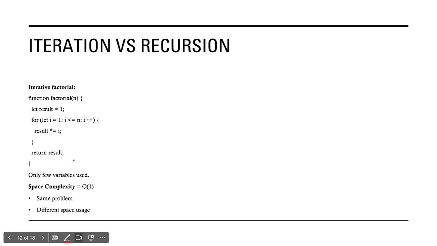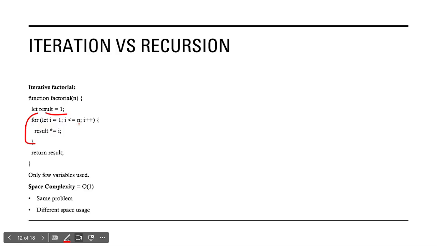Now the solution for this is iteration versus recursion. Let's see the same code for factorial, the same example as the previous one, but this time we use only a normal function. We only use the result, where result is equal to 1, and start a for loop, multiplying the value from 1 to n.